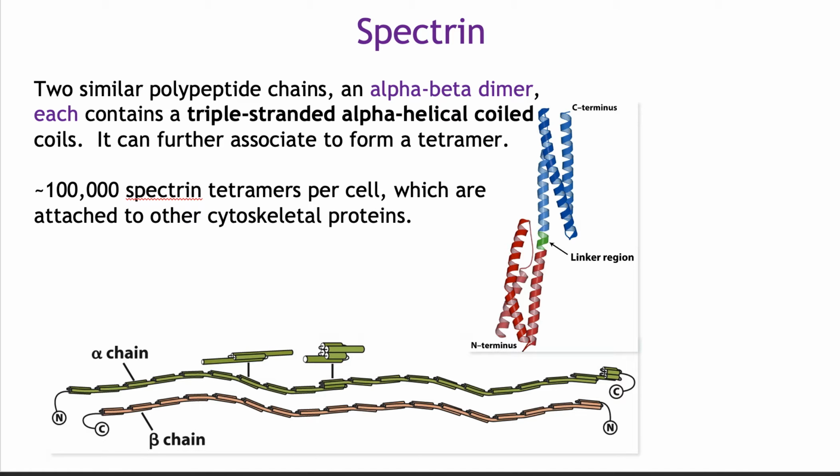All right, and if we take a closer look at spectrin, it's an alpha beta dimer. Each of the dimers forms a triple-stranded alpha helical coil, right? It has a linker, and then they further associate to form a tetramer. And the alpha and the beta chain, their three-dimensional structure, or tertiary structure, is fairly similar.